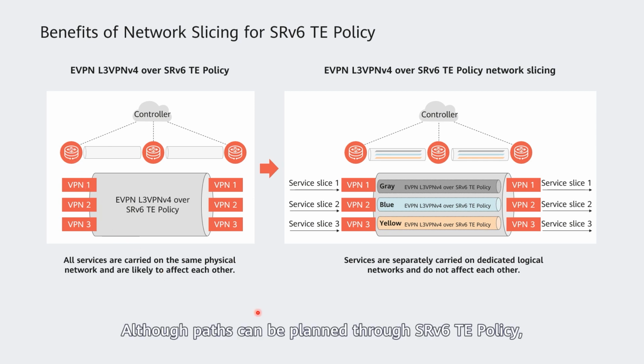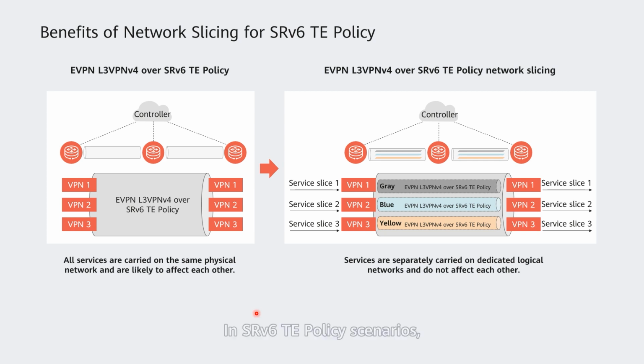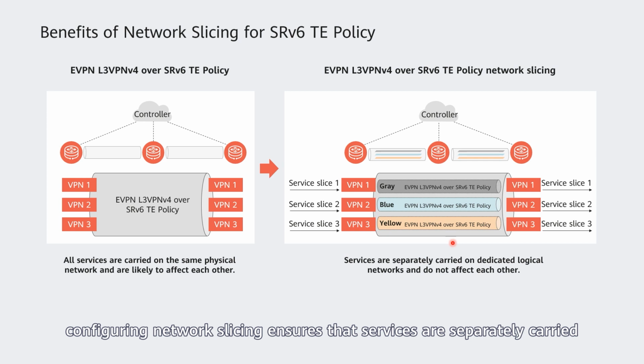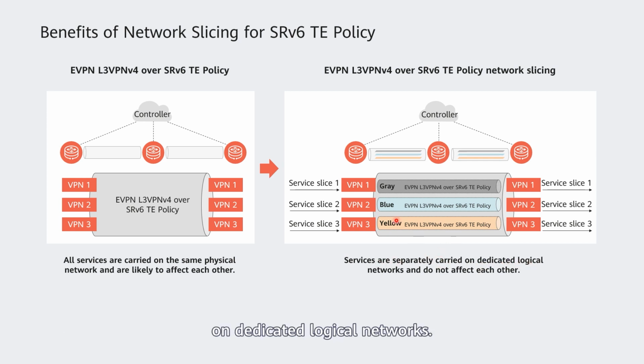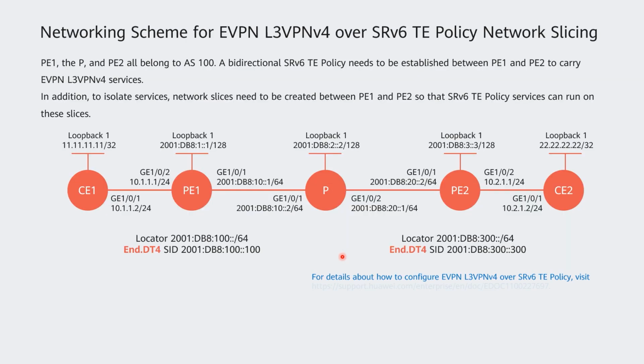Although paths can be planned through SRv6 TE policy, it is not possible to avoid services impacting each other. In SRv6 TE policy scenarios, configuring network slicing ensures that services are separately carried on dedicated logical networks. This eliminates the risk that services affect each other and further guarantees high-value services.